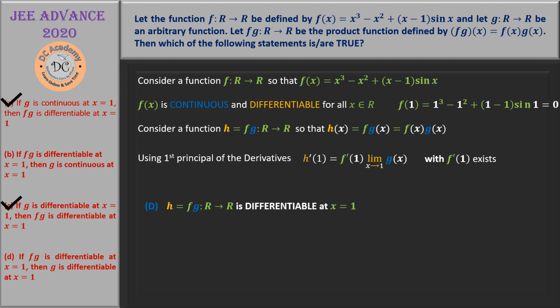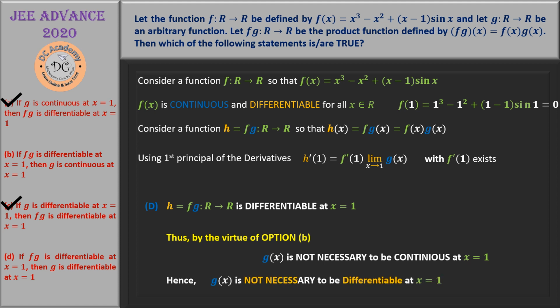By virtue of option B, it says that g is continuous, but that option is false, as we already decided. So g(x) is not necessarily continuous. And if a function is not continuous, it cannot be differentiable. So g is not necessarily differentiable, and option D is also wrong in this particular problem.